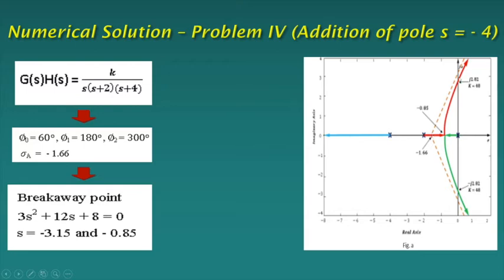From the centroid of asymptote, draw the three asymptotes by this triangle, 60 degree, 180 and 300. And this point is the breakaway point. And this root locus moves to infinity along this asymptote. Another root locus moves to infinity along the asymptote.